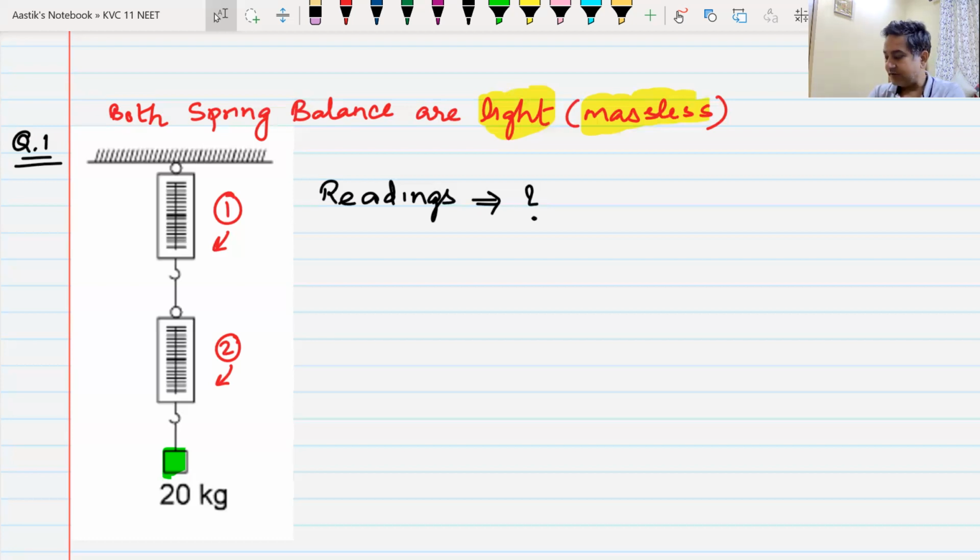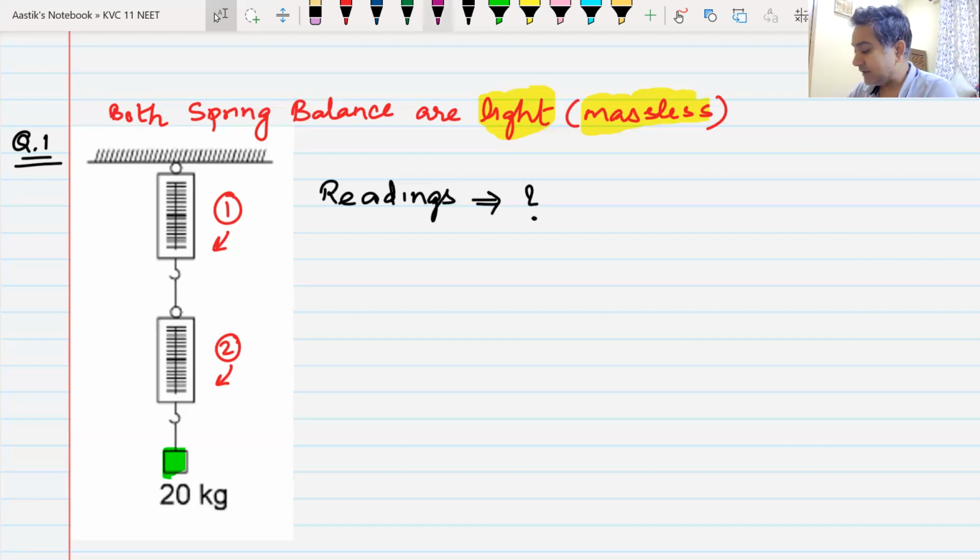No one knows what is the reading. Okay, that is unexpected. I thought that you would know this. No one knows? Say yes or no so that I'll move ahead.